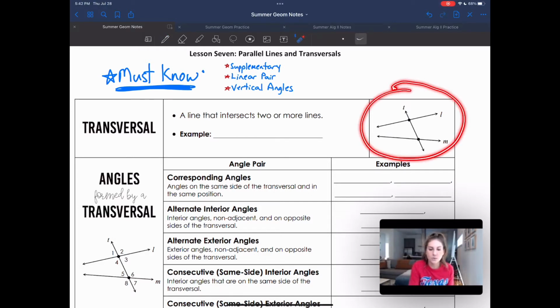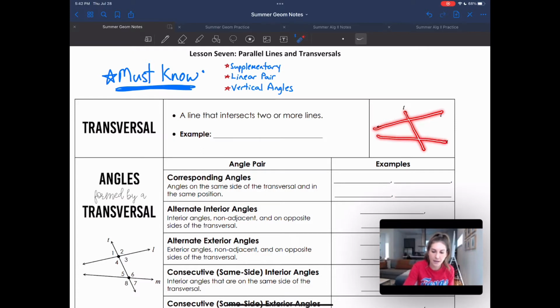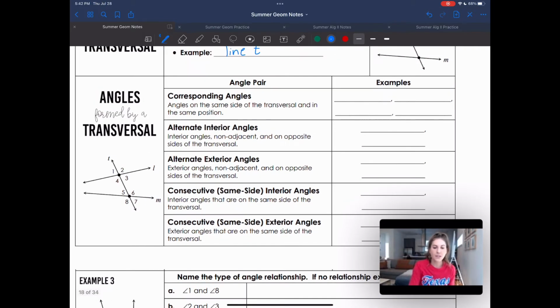If I said which one is considered the transversal in this picture, you would say line T because that's the one that cuts through the other two. So line T would be a transversal to lines L and M. So for the example, we'll just say line T. Line T, that is our transversal line. So nothing crazy there.